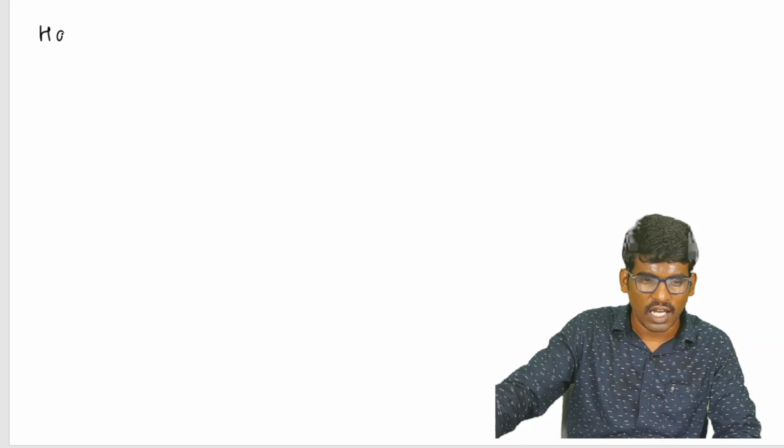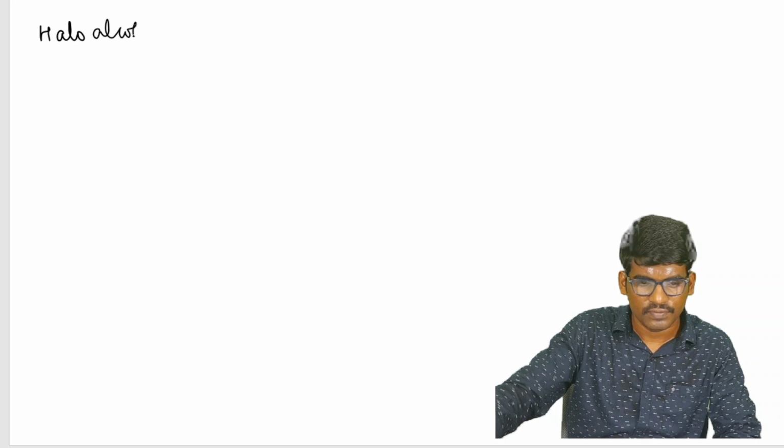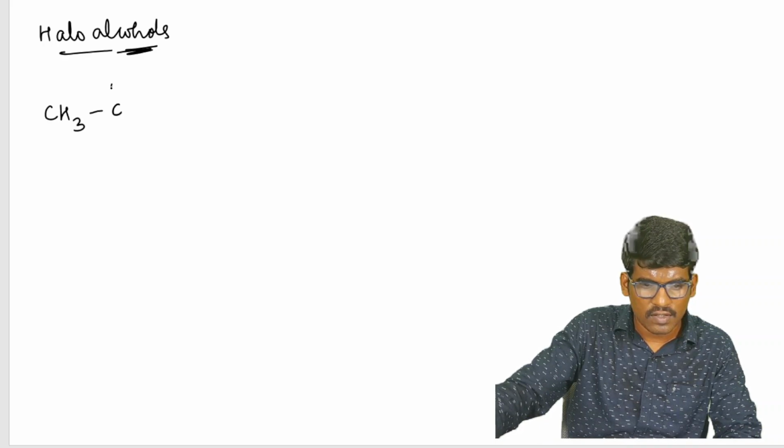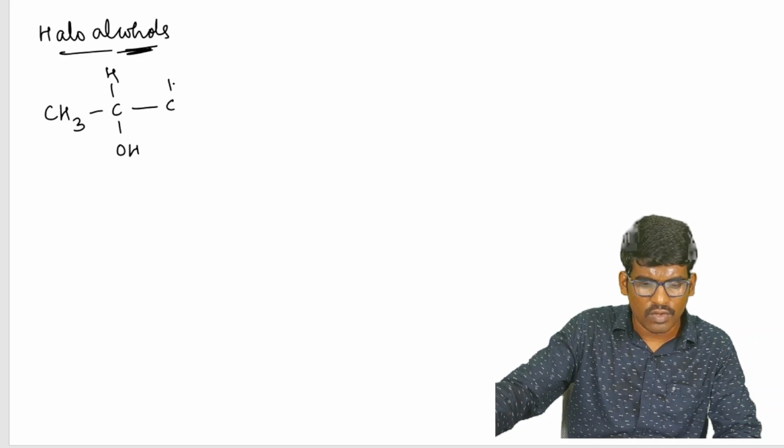And one more, even halo alcohols can be taken. Halo alcohols can also be taken like CH3, CH, OH, C, and this one will be H, and it is Cl, CH3.